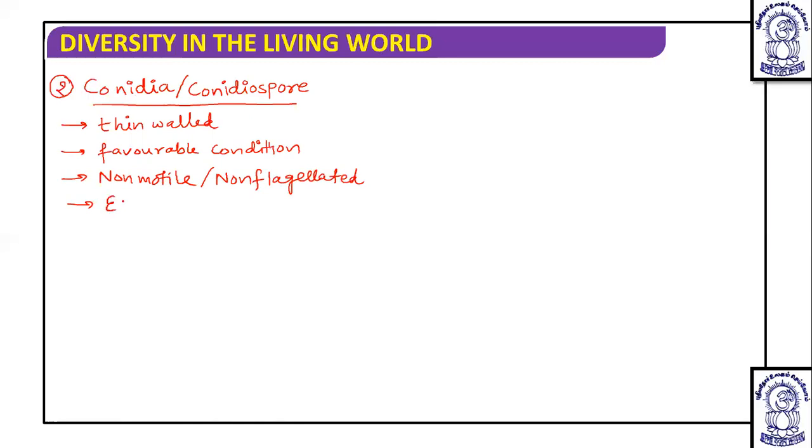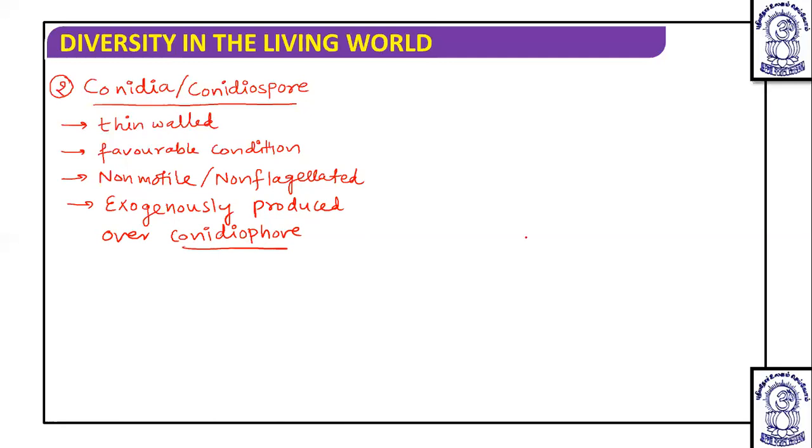because for motility flagella is required. Then they are exogenously, means outside, exogenously produced over the conidiophore. So these are the important points with respect to conidia.